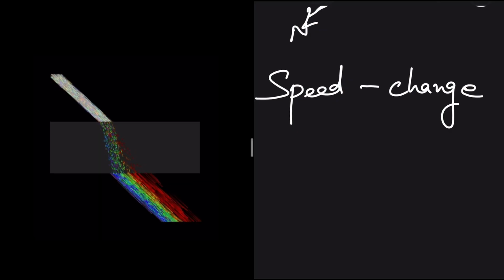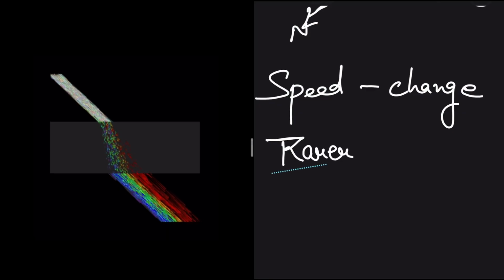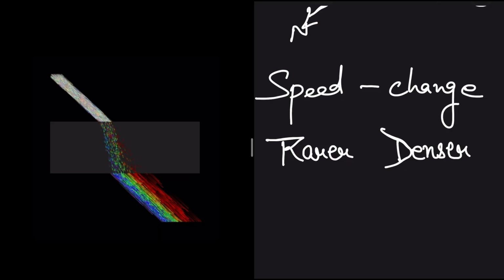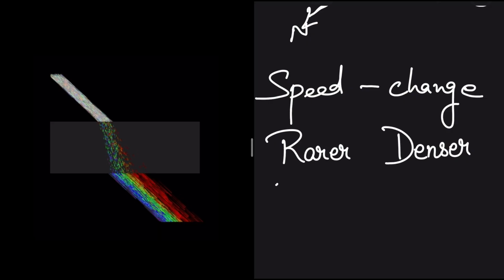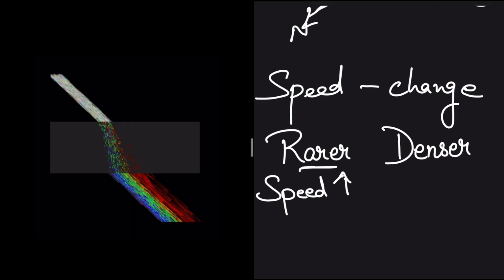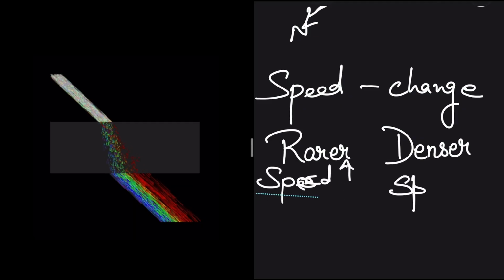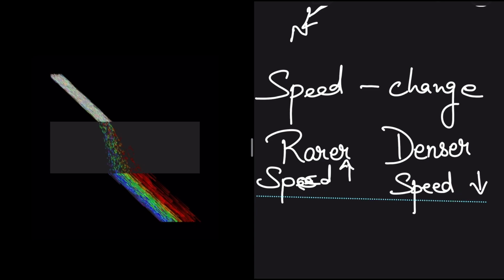Now there are two types of medium: one is the rarer medium, another is the denser medium. What is the difference between the two? It depends on the speed of light. Clear, students?